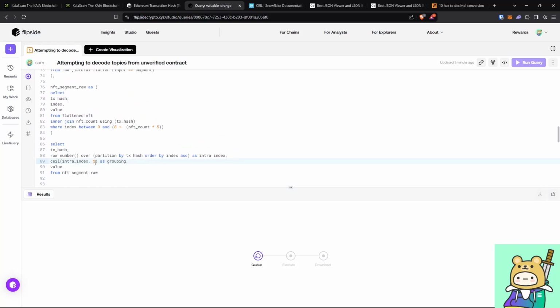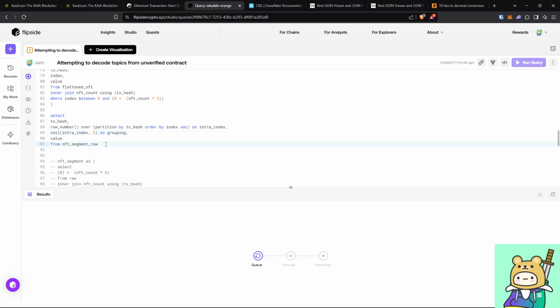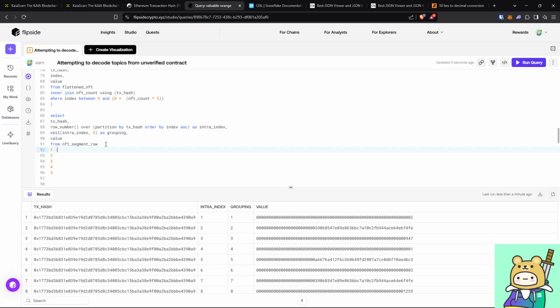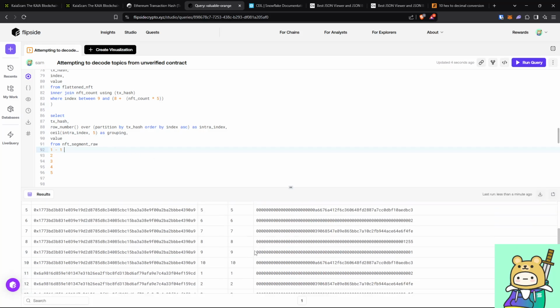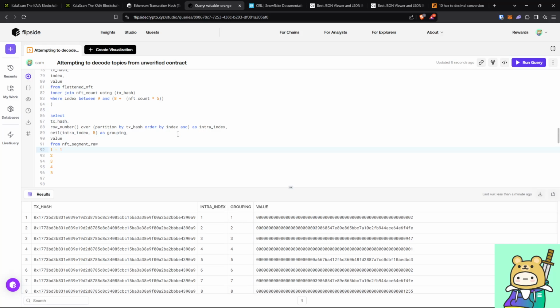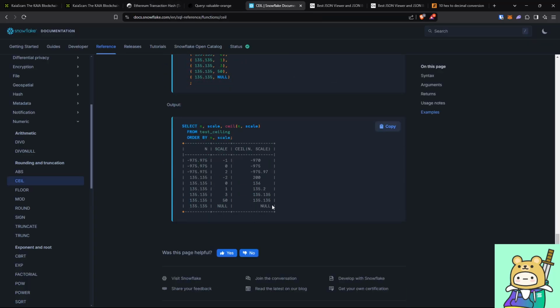So we're just dividing the numbers by 5. So for example, 1, 2, 3, 4, 5. 1 divided by 5 would be 1. Oops, something isn't right here. How do I use this?